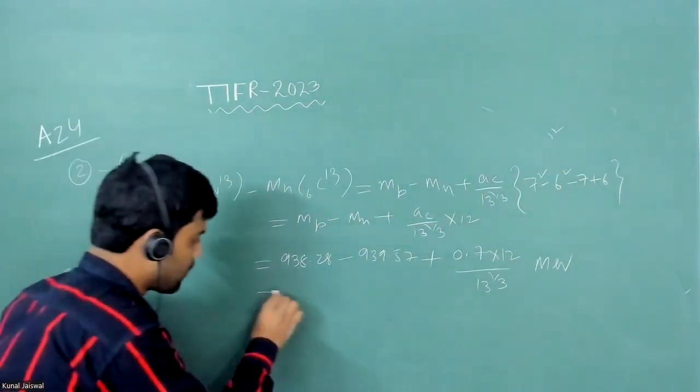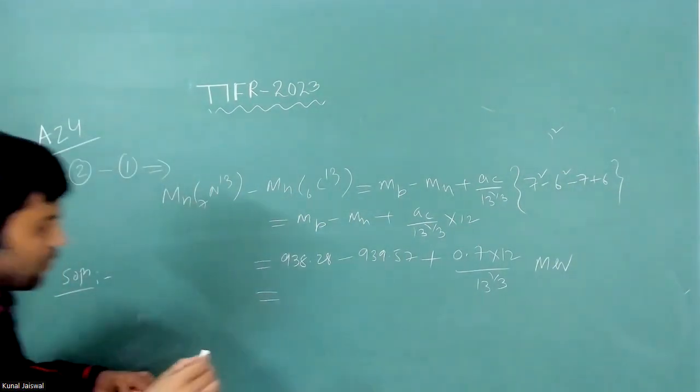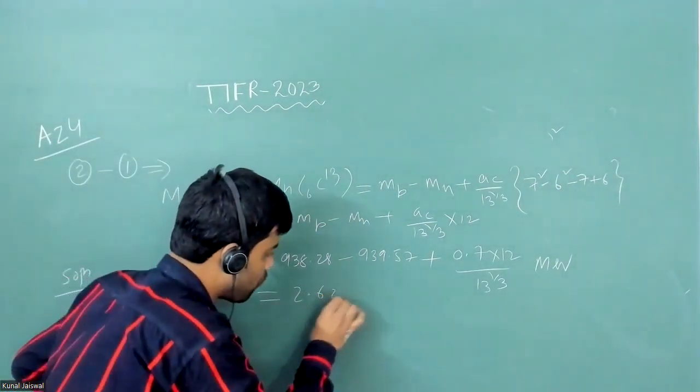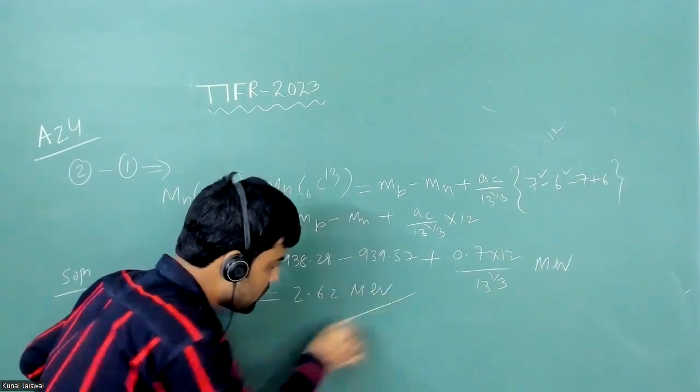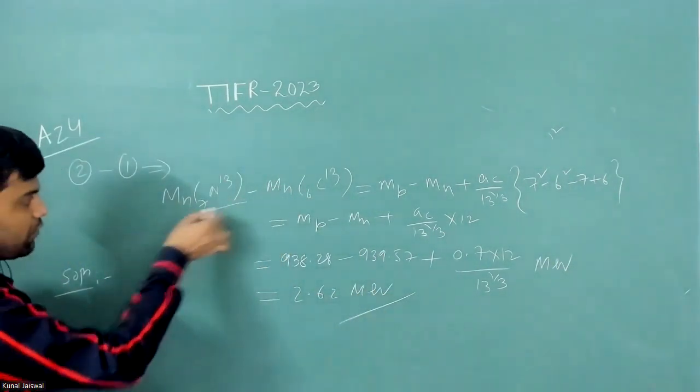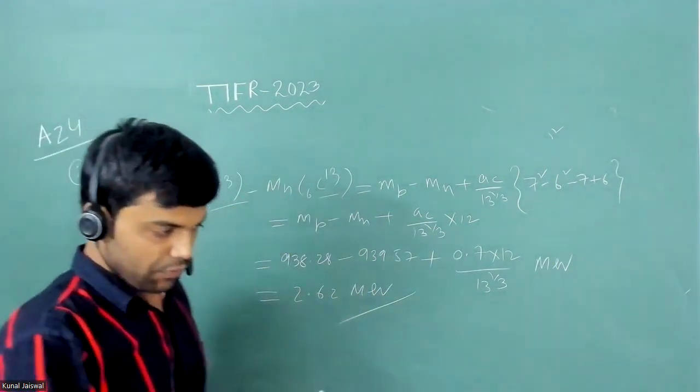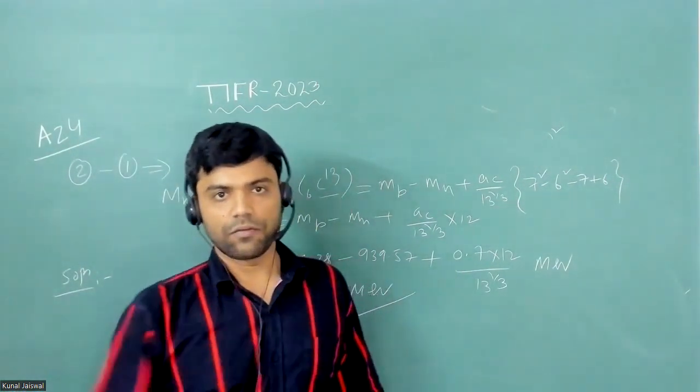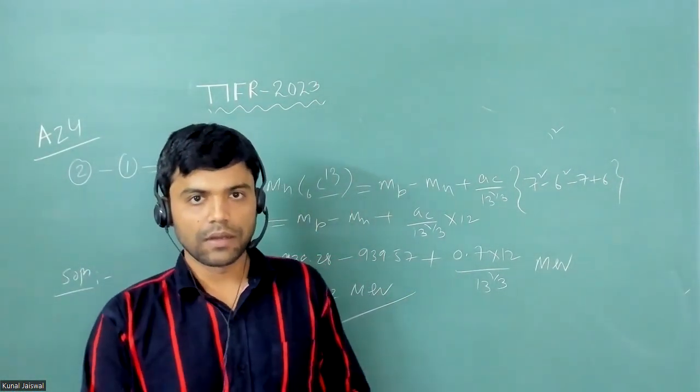If you calculate it, you get 2.62 MeV. So this is the mass difference between these two mirror nuclei using the binding energy formula with the given data. Thank you very much.